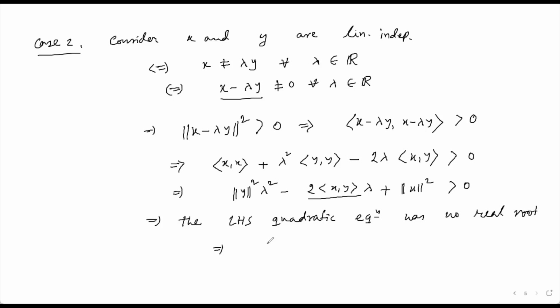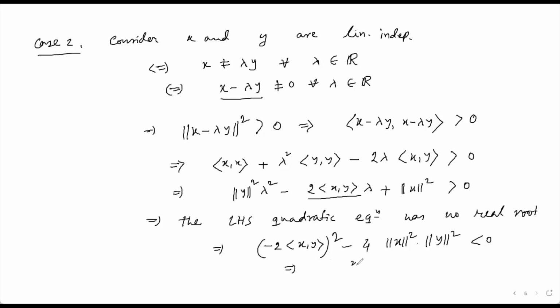That is, minus 2 times the inner product x comma y, whole square, minus 4 times norm x square times norm y square is less than 0.